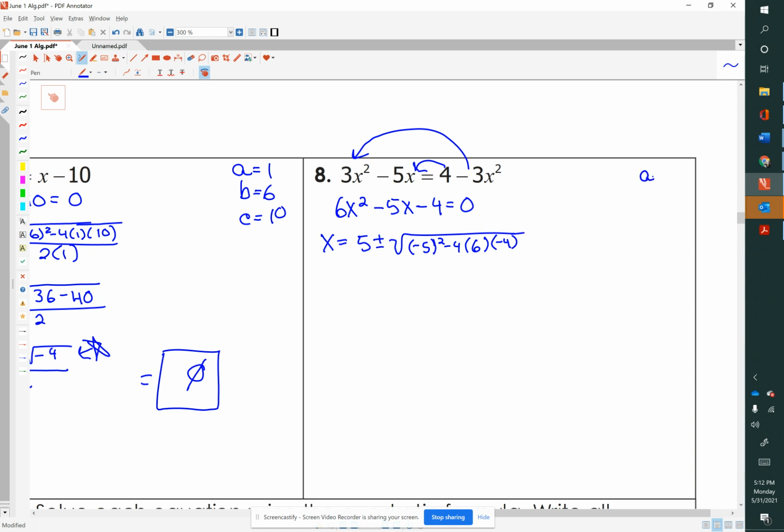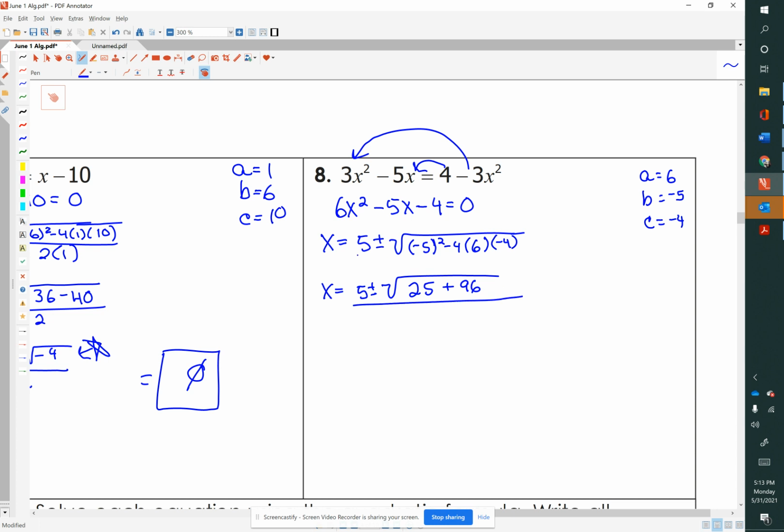So my a equals 6, my b is -5, and my c equals -4. All right, let's continue simplifying. X equals 5 plus or minus, and that would be 25 plus 96.